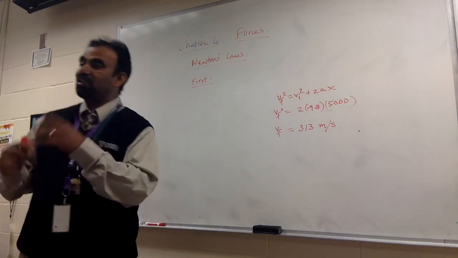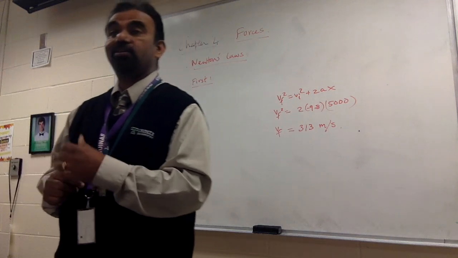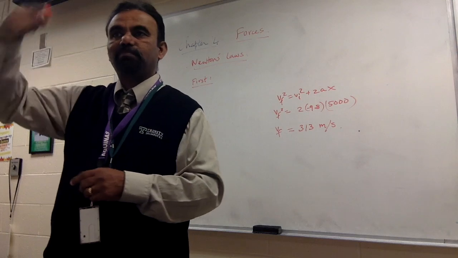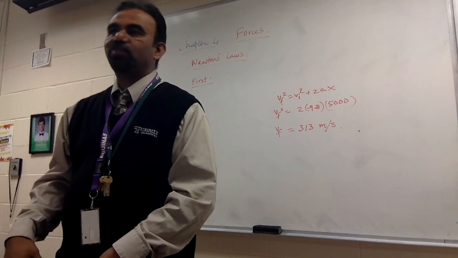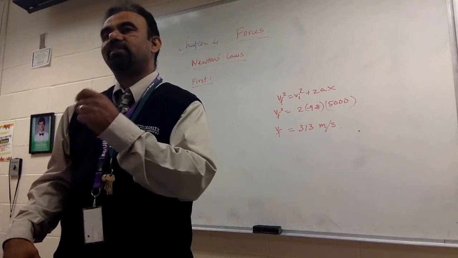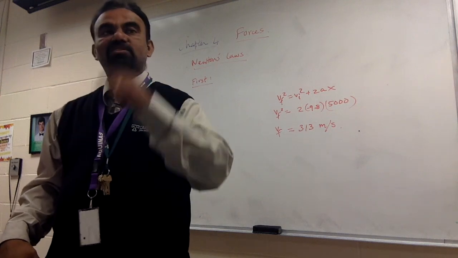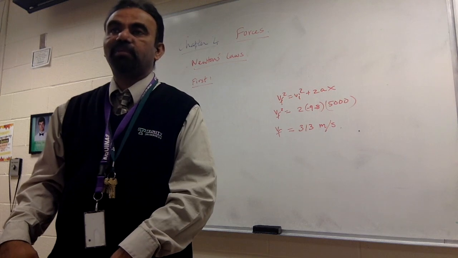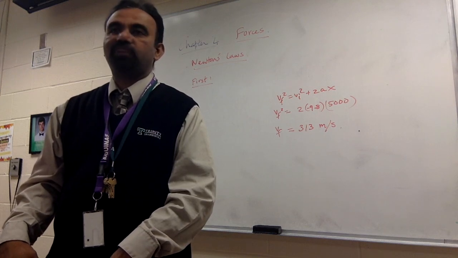So what is the air doing? It is offering air resistance. Because as a drop starts picking up speed, it cannot pick up speed too much, because as an object starts moving faster and faster, air resistance starts coming into play. You can't just keep on moving faster and faster.